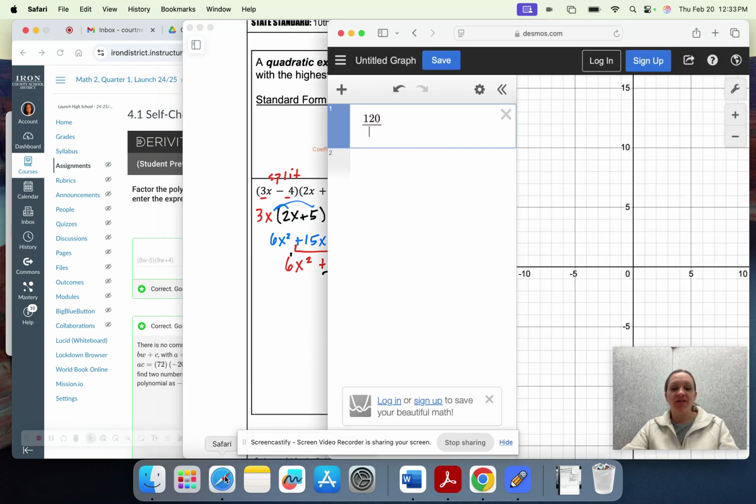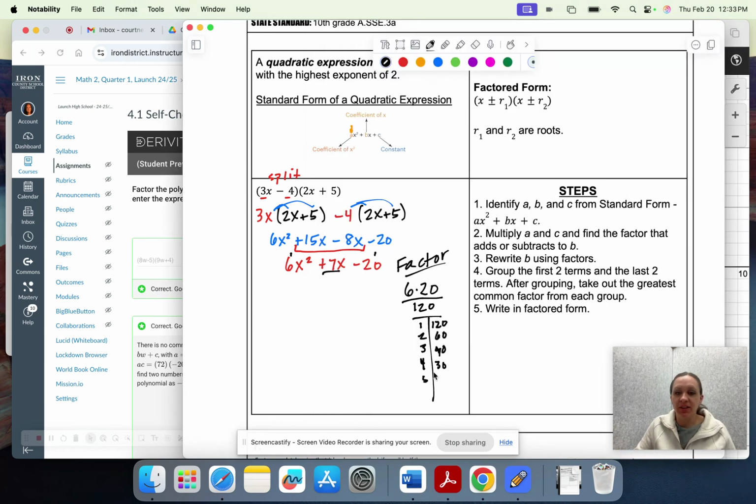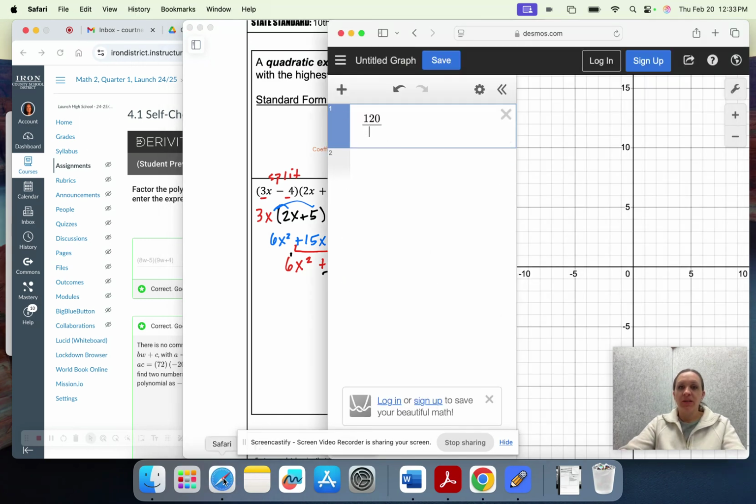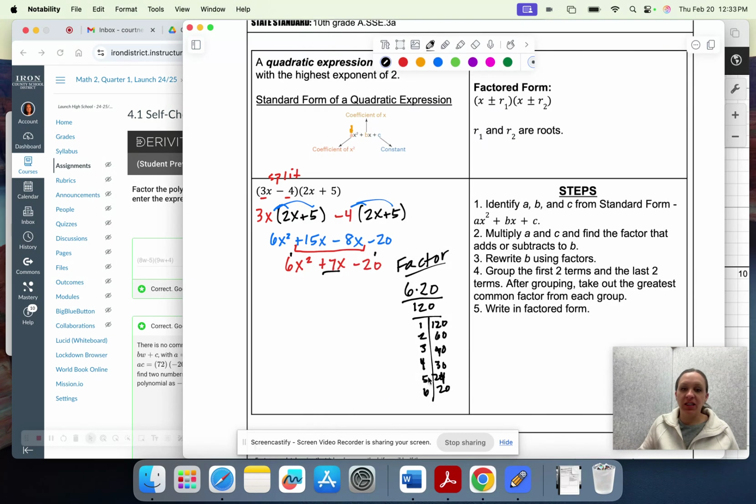And then 5 and 24, 6 and 20. There's a lot. And I'm still not to anything that's getting me to 7. So I'm going to keep going. 8 and 15. We got it. Okay, so I'm stopping there because 15 minus 8 is 7.